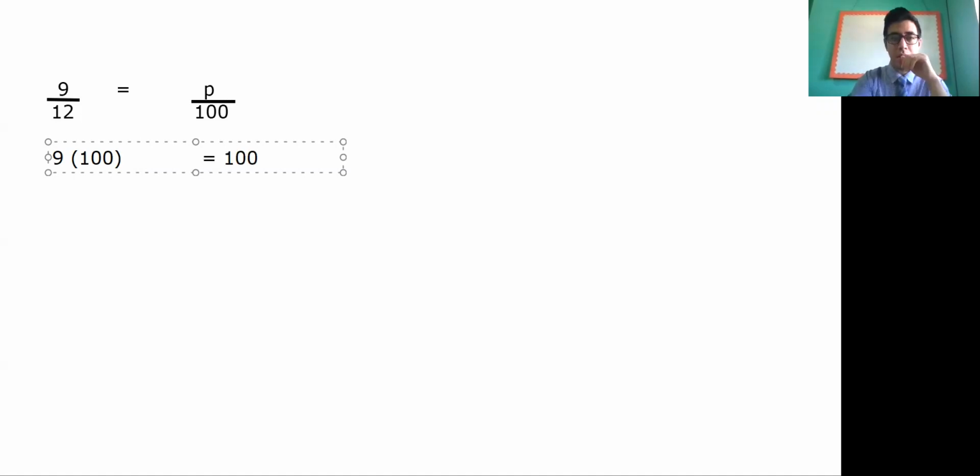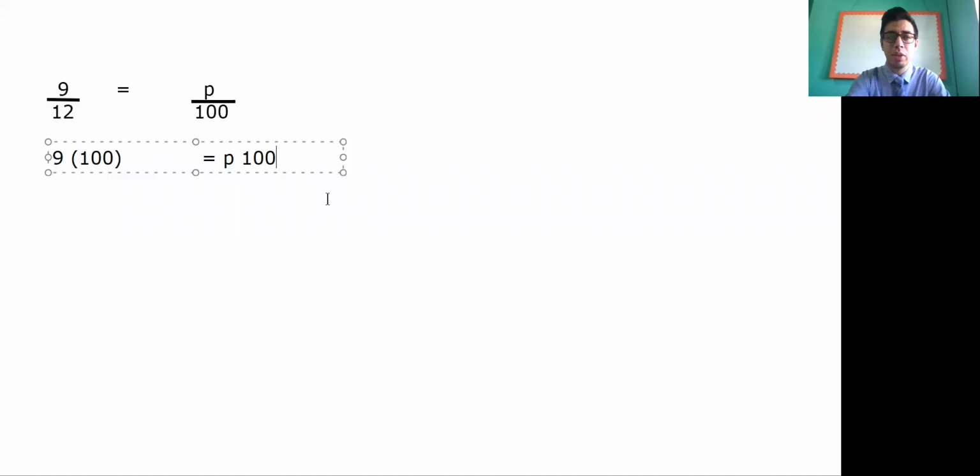In the book, they have 100 here, this is P, right? And you are dividing by 100, but it's because they multiply both sides of the equation by 100. Multiply this side and multiply the other side.